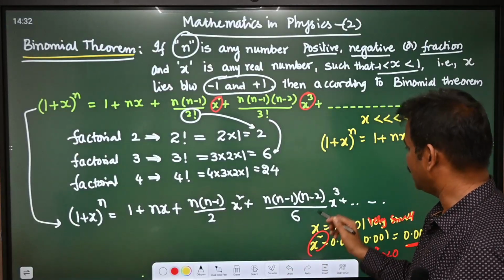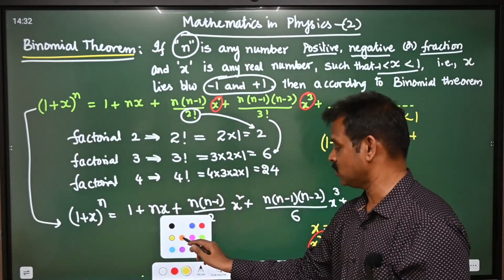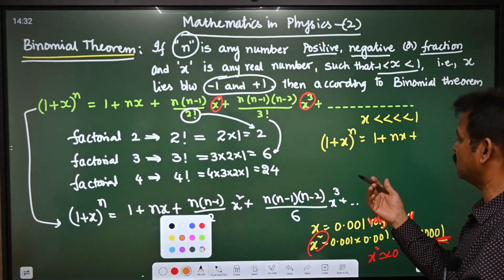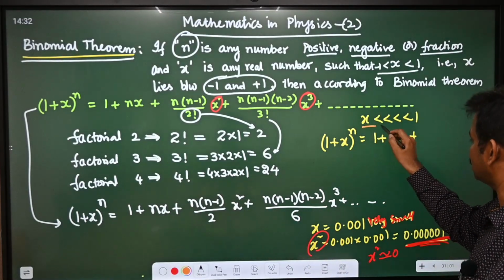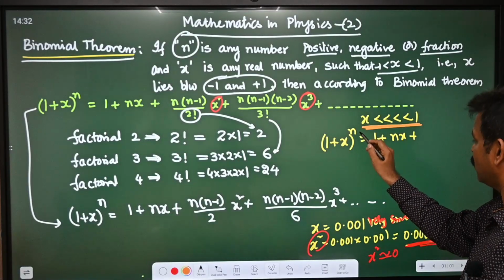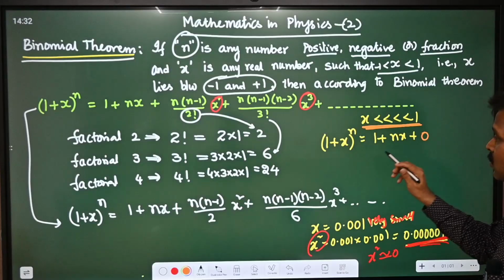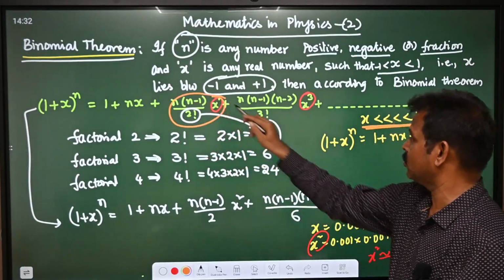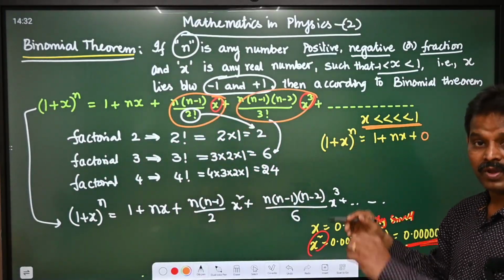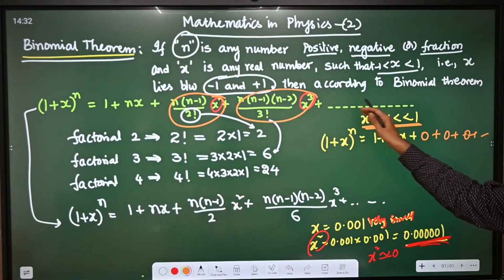That's why whenever x is very small, this is most important, and we are going to use this concept so many times in physics. If x is very smaller than 1, (1 + x)^n will become 1 + nx. The other term will be nearly equal to 0. The third term will become 0. The fourth term, x cube, will be very small, 0, and remaining terms will become 0.